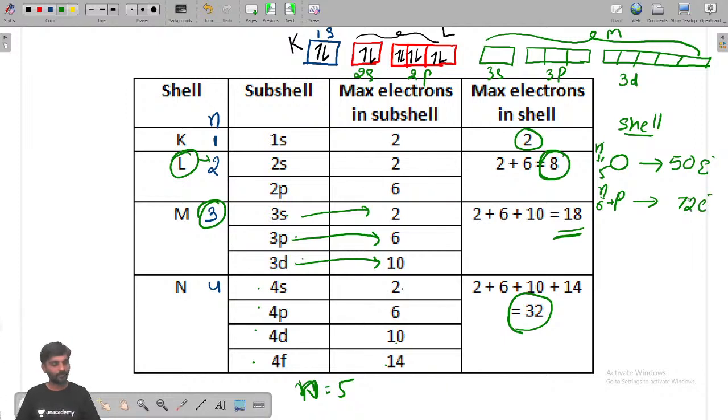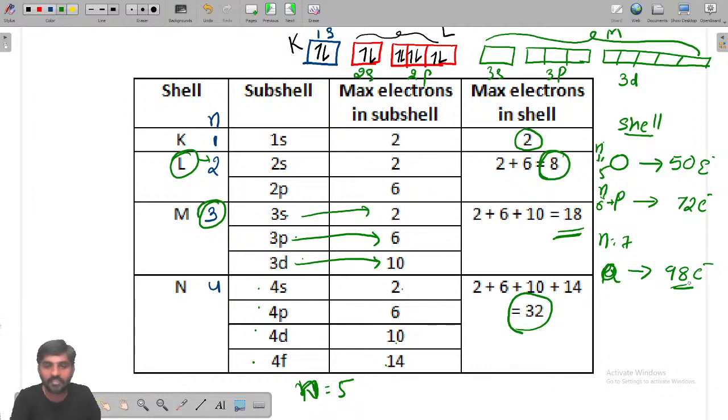If the n value is 7, it will be Q, and you will get almost 98 electrons in total. Clear? So this is electronic configuration.